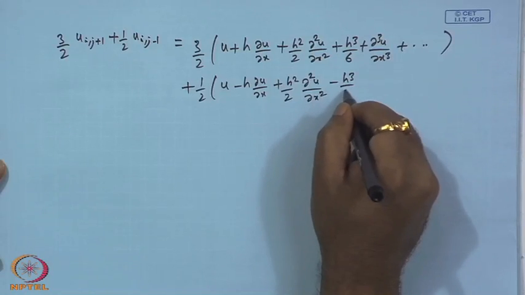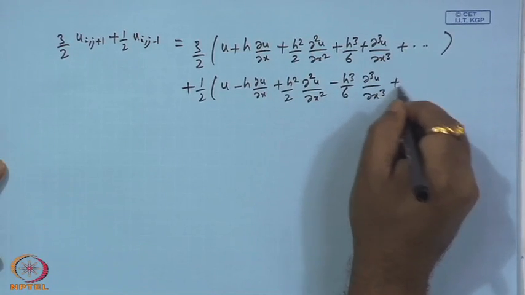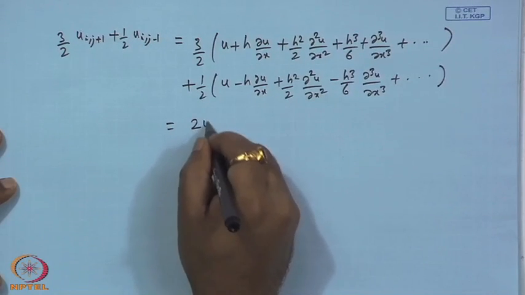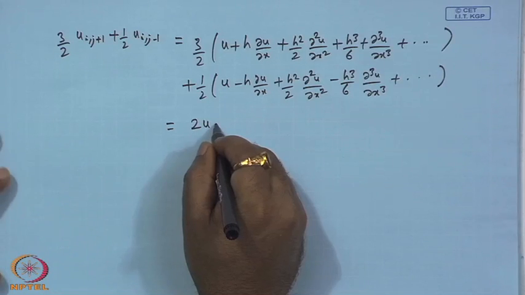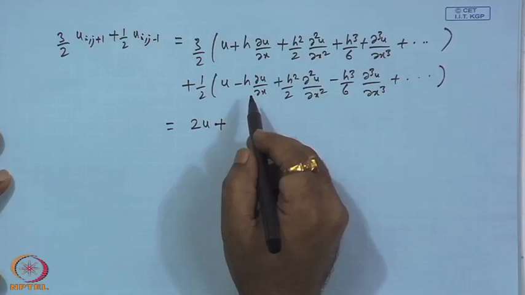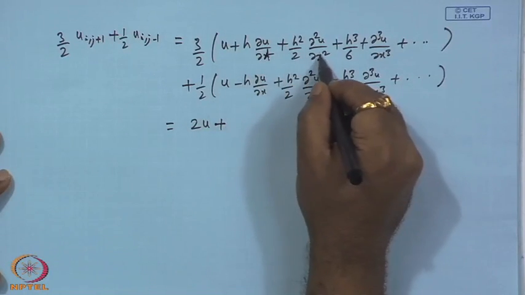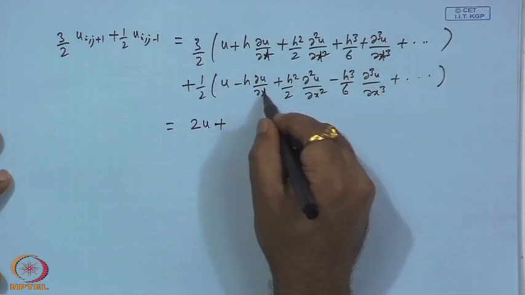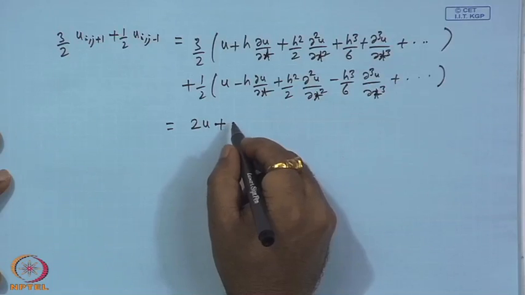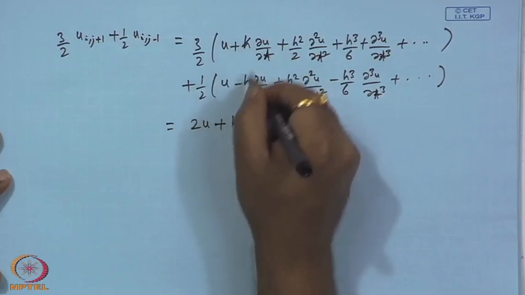Alternate signs. Okay. So, ultimately we get this is j plus 1. So, this all should be t there, apologies. Yeah. So, this is 2 u and all this k.